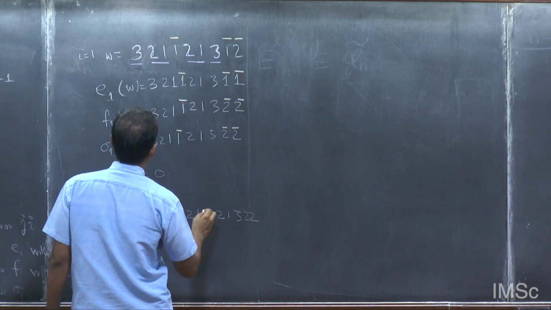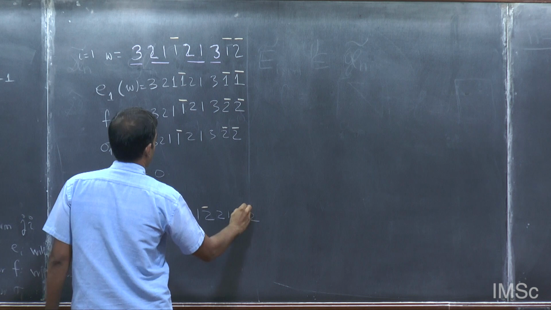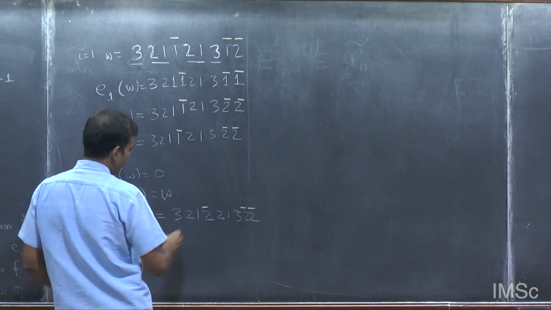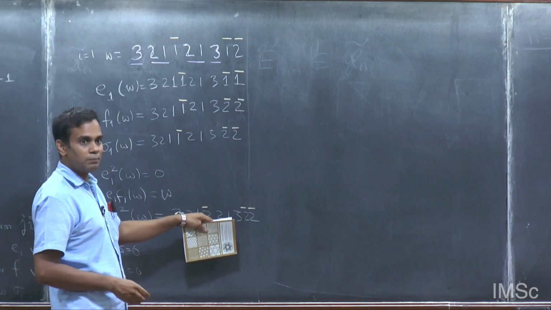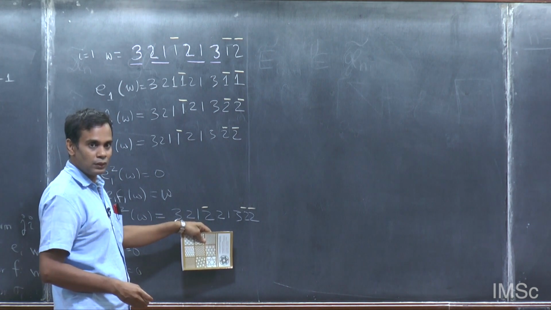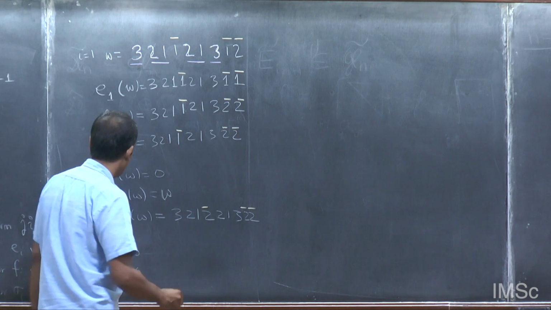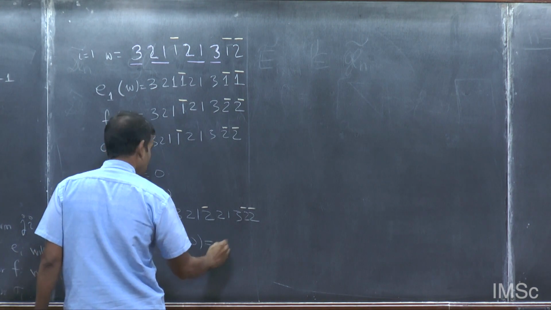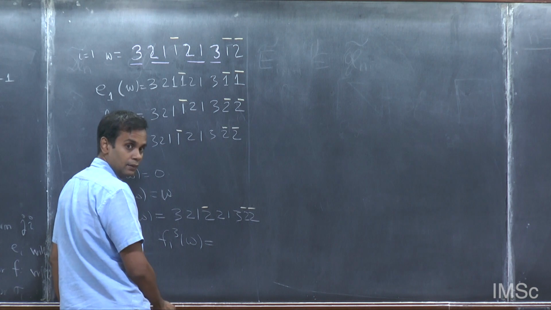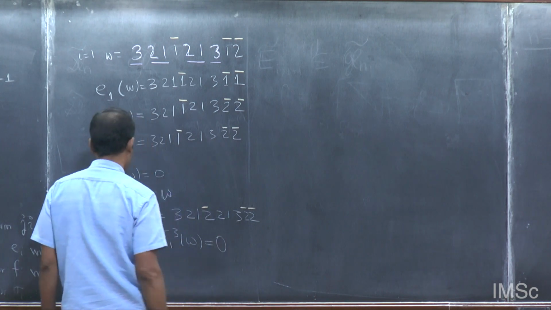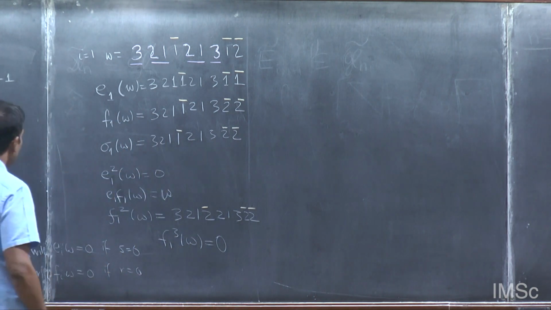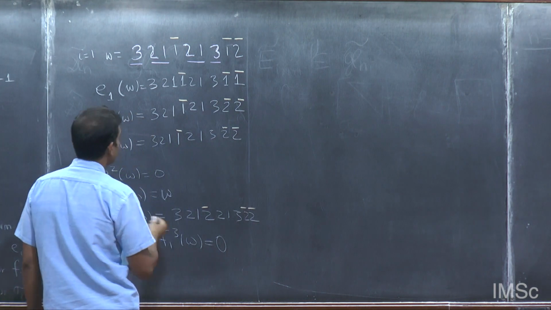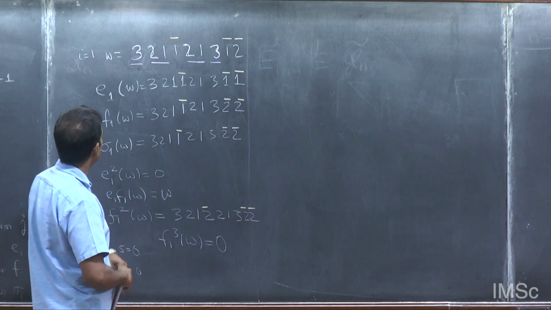So, this is the unfrozen part, and now the unfrozen part consists entirely of 2s. So, if I apply F_3 squared F_1 cubed w, then this will be 0.